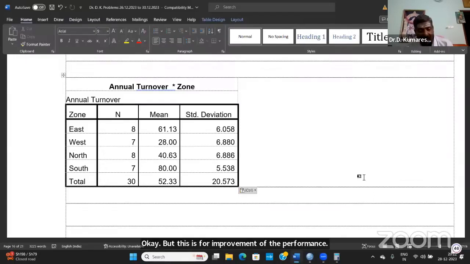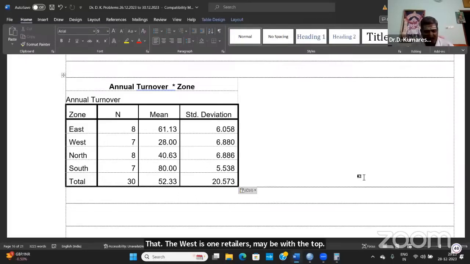But this is for improvement of the performance. One more suggestion I told you, no, for cost cutting. Because the management will always be looking for cost cutting. You can suggest, with a hard heart, that the West Zone retailers may be withdrawn.